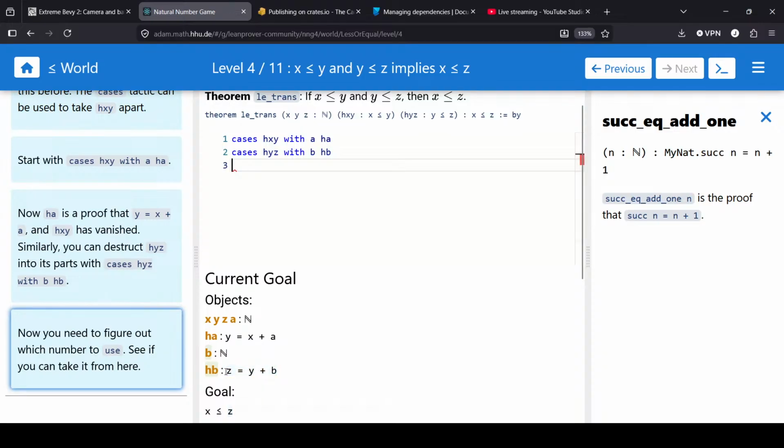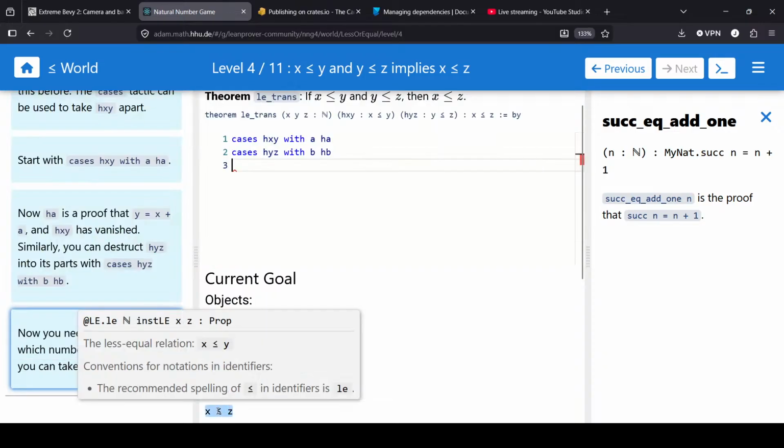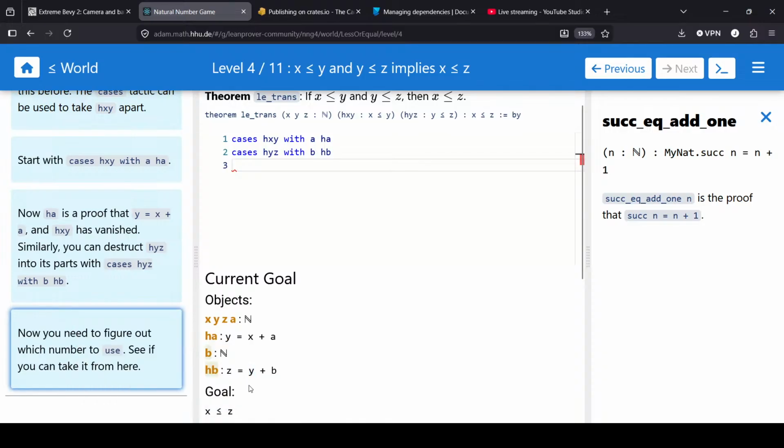Well, wait, we already have an hb that looks similar to this, because this thing would have the form of z equals x plus something. So I think we want to use y. And then b would have to be like x.